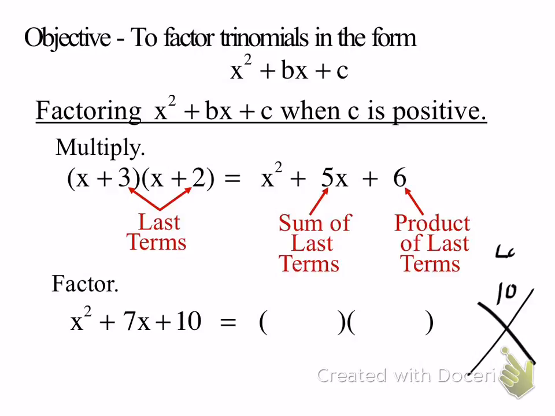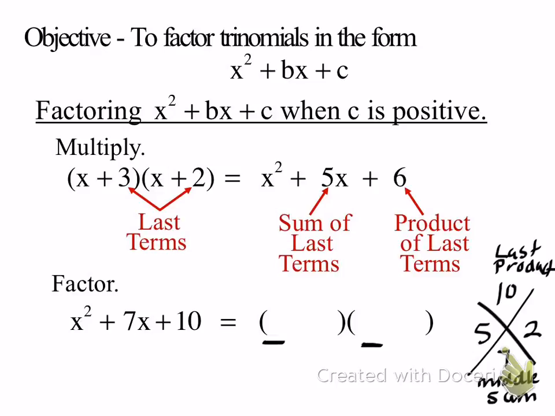Remember, it's the last term, and we're looking for a product. And what goes on the bottom? 7. The middle coefficient, and it's the sum. What two numbers multiply to 10 but add to 7? 5 and 2.